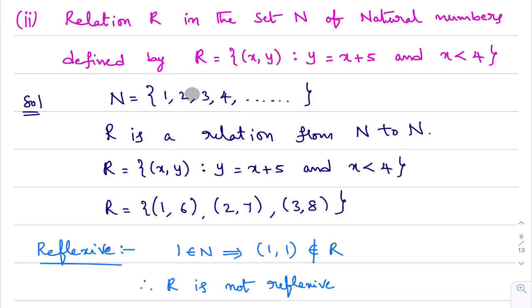No, you need to take the second element 2. You need to check whether 2 comma 2 is in the relation or not. Like that, for every x belongs to N, you need to check whether ordered pair x comma x belongs to the relation. However, when it is not reflexive, feel happy because writing the answer is very easy. You take 1 in set N, ordered pair 1 comma 1 is not in the relation, therefore R is not reflexive.